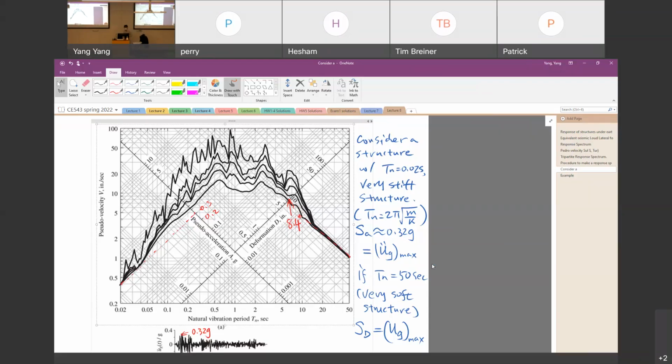So when you do earthquake design or seismic design, besides the strength, you also need to consider the displacement capacity. Some structures are very strong, but cannot take the required displacement. Those structures may also collapse.